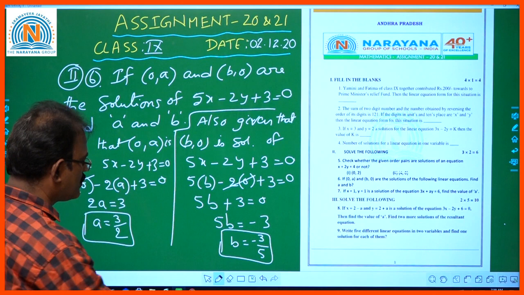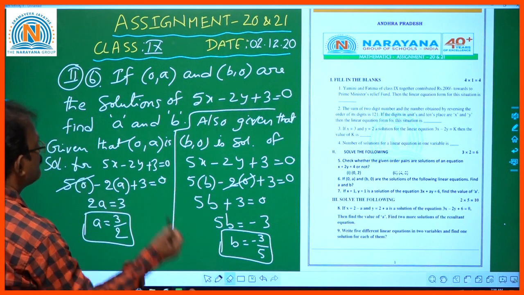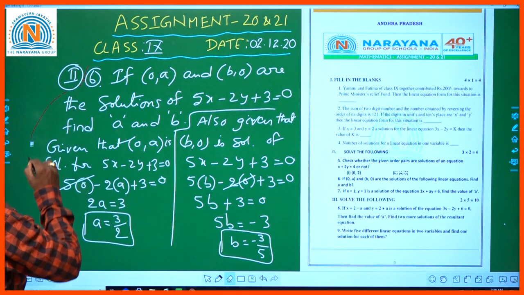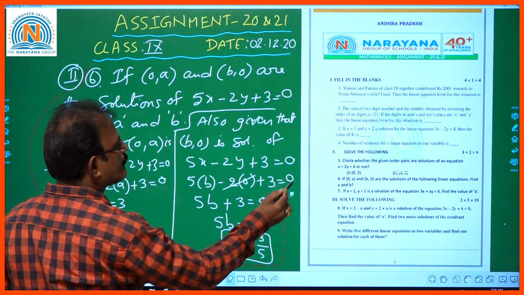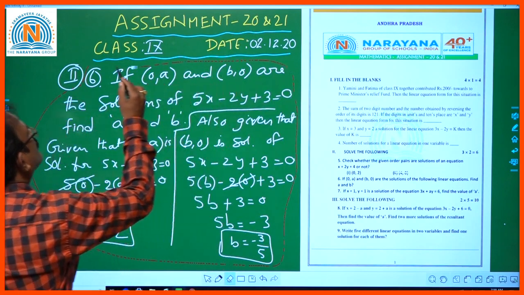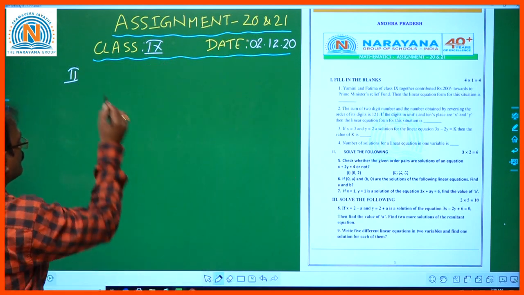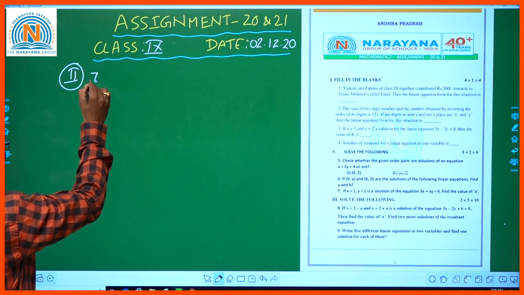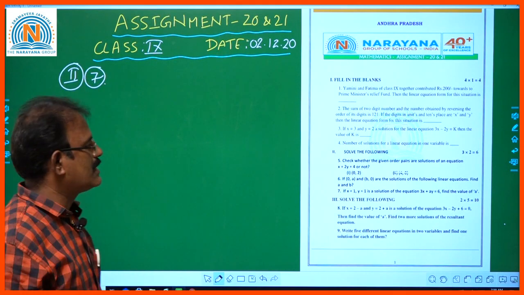So next question from second Roman, 7th question. What is question number 7, children?